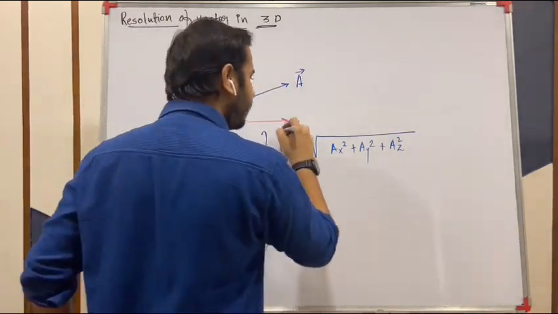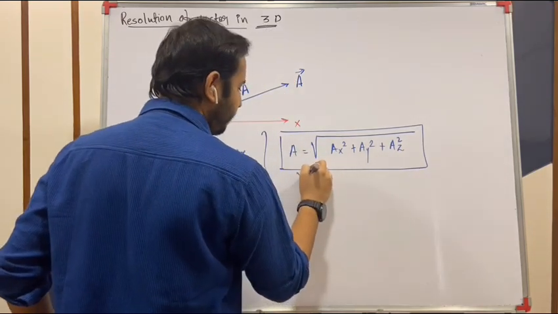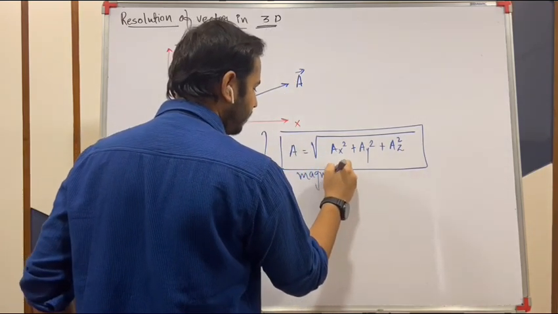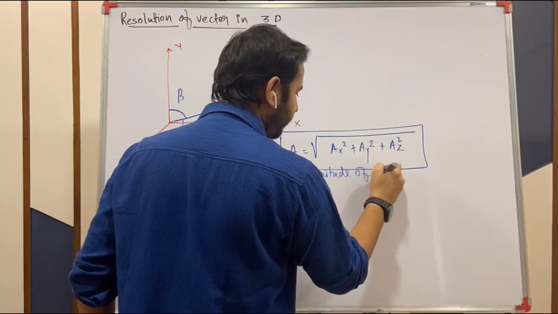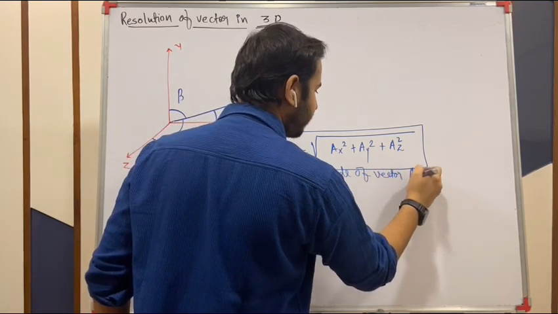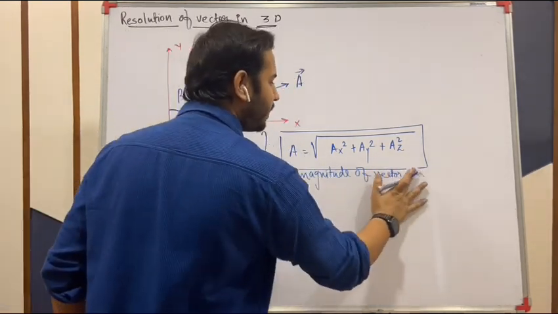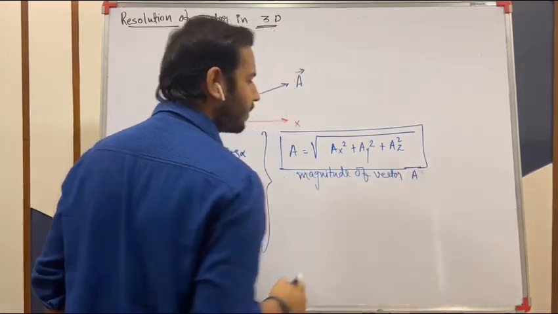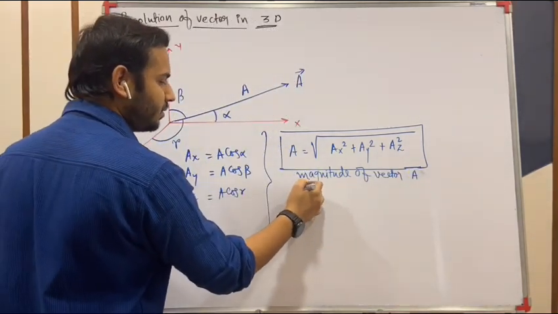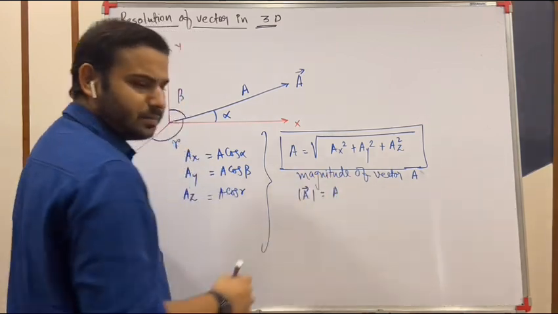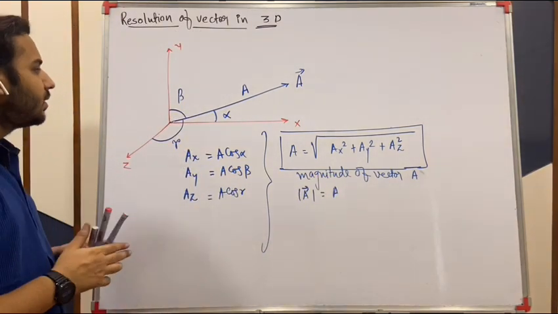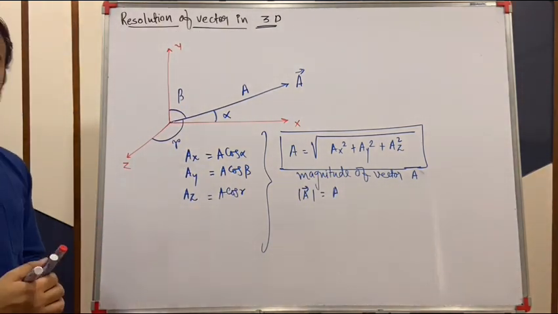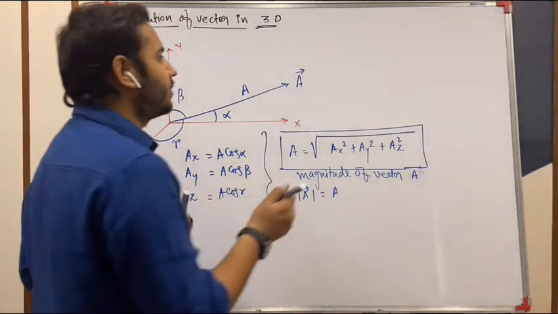Understood? This is the magnitude of vector A. You can write like this also. Understood? Fine. So let me show you this vector in 3 dimension.